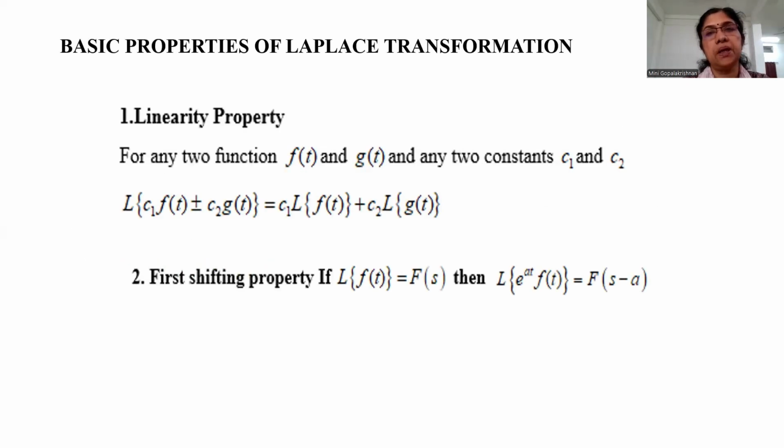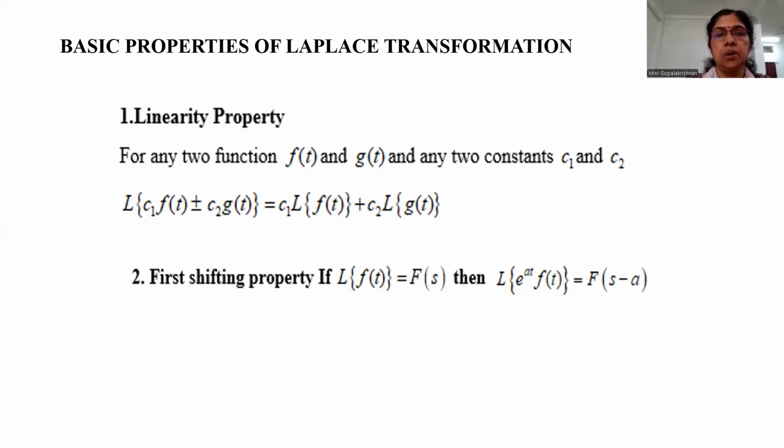Now, basic properties of Laplace transform. The main properties of Laplace transform, which we widely use, are the linearity property and the first shifting property. The linearity property says that when you take the Laplace transform of two real valued functions, f of t and g of t, with coefficients c1 and c2, the c1 and c2 are not affected by the Laplace transform.